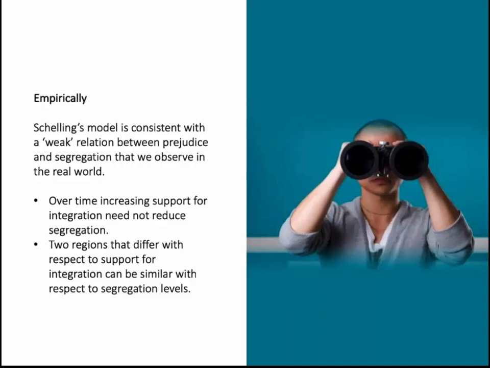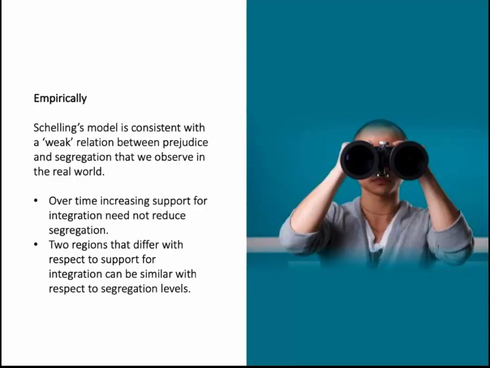Empirically in the sense that it is consistent with the weak relation between prejudice and segregation that we observe in the real world, meaning we observe that there is segregation going on while people are not really that racist. They are not that intolerant. I showed you data that people became more tolerant, but segregation didn't go down. So this model is consistent with that, because it would say exactly the same thing.